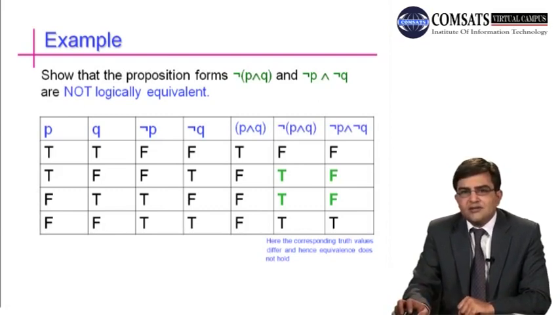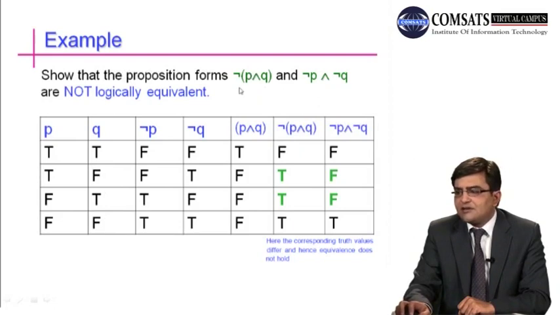Now we construct the truth table for these two propositions. Here we have two propositions, P and Q. So the possible values in the truth table are, for P: true, true, false, false, and for Q we have true, false, true, false.